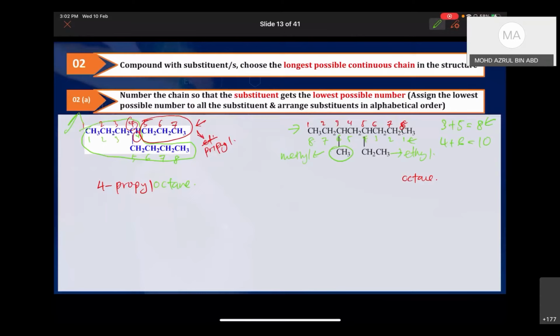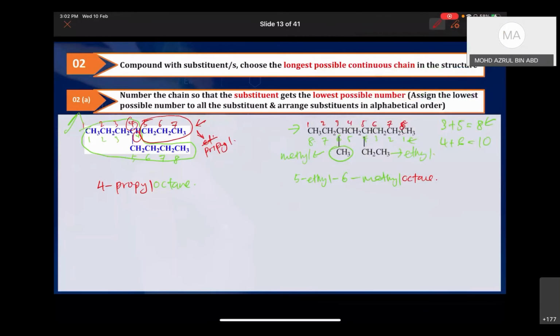Okay, alphabetically. So which means between methyl and ethyl, which one I will write down first? Ethyl. Okay, ethyl. So then we can name it as 5-ethyl 6-methyl octane. So this is how to name the compound.